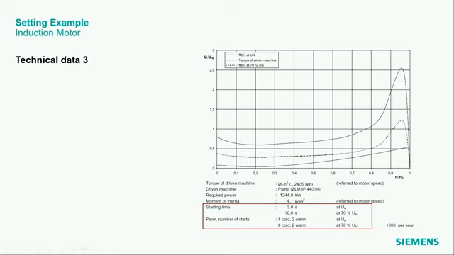If you make a few more calculations about the temperatures, you will see it is a higher stress if you have the starts with a reduced voltage. The starting current is not that big, but the starting time is longer, and the starting time counts more in these calculations. That means if you want to use the complete performance of the motor, you should go for these values at 70%.